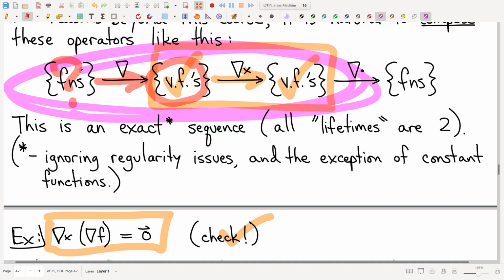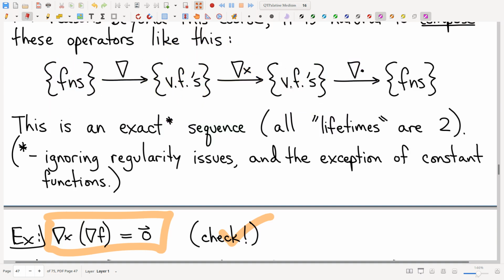So all sorts of nice little theorems that you don't have to memorize by rote. You can just remember the pattern. Operators in this order, lifetimes are 2. It's pretty much as simple as that. So I think it's a great way to think about it. Again, these patterns emerge for deep reasons, and we won't be able to talk about that at all in this course.